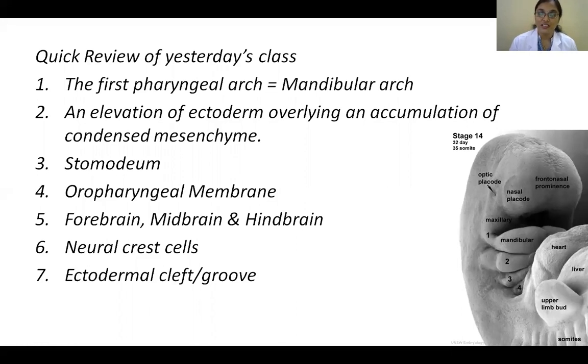These neural crest cells migrate to occupy these prominences. Neural crest cells are very important in forming your craniofacial skeleton. They form the connective tissue, cartilage, bone, and ligaments.